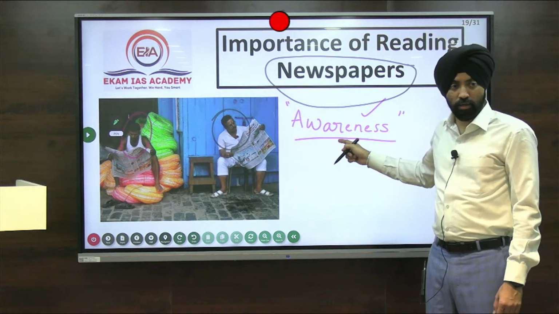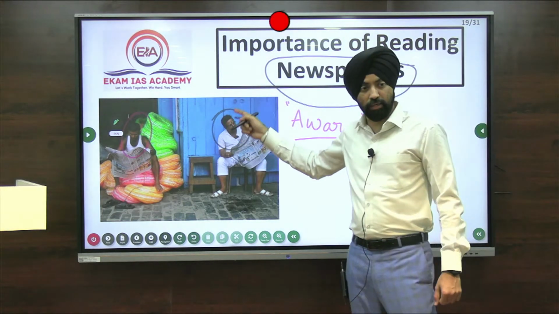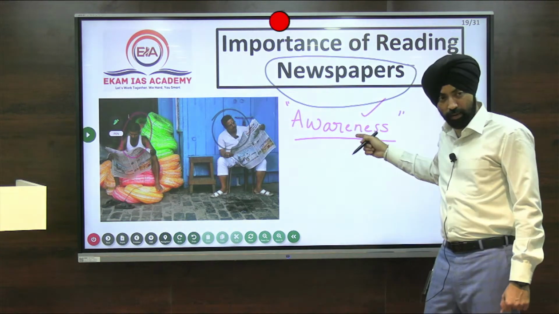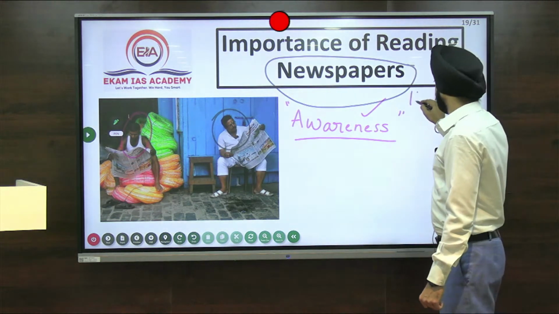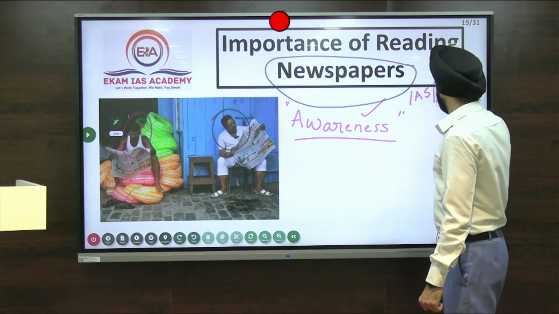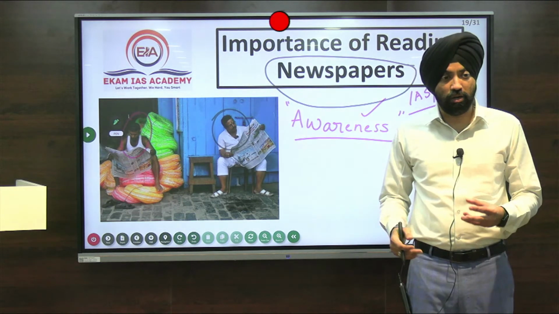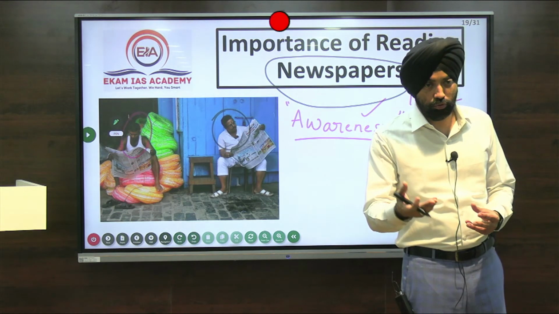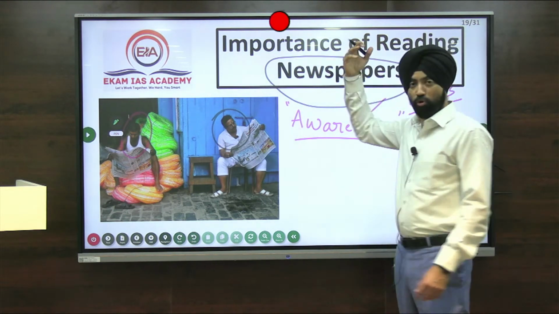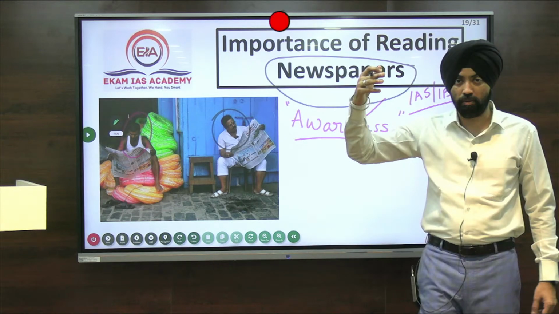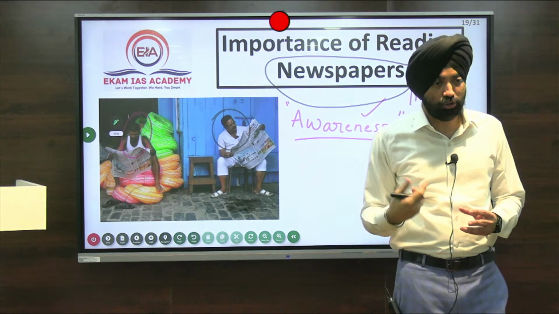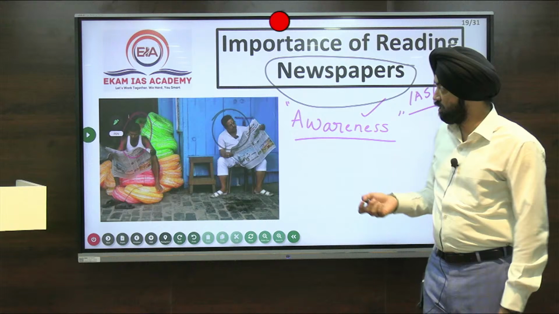It means that when a common citizen is concerned about what is happening around him, as a bureaucrat it is a must for you to know what is happening around you. If there is an alternative source for this awareness other than the newspaper, go for it, no problem. But if there is no adequate alternate source, then the newspaper becomes a must.